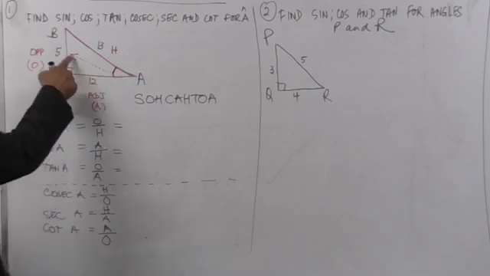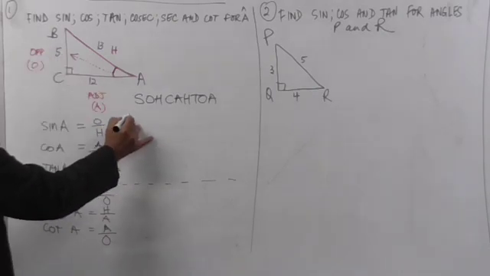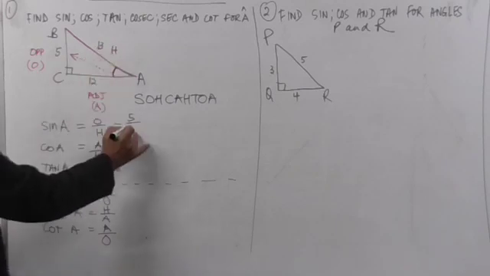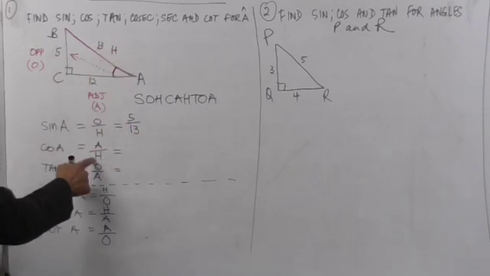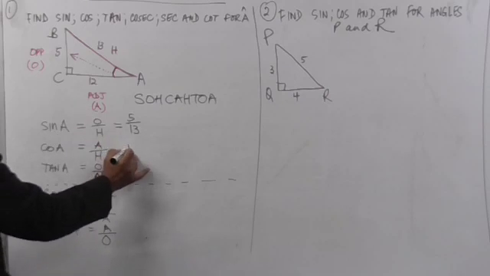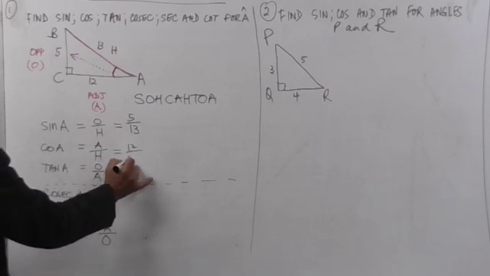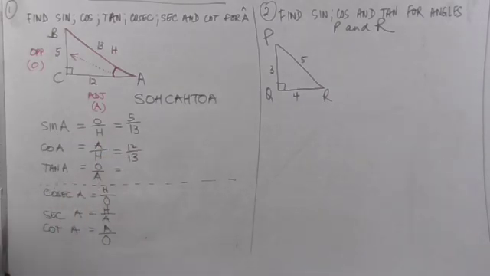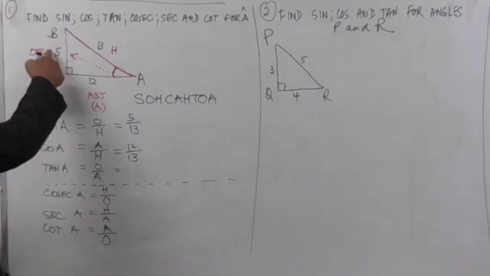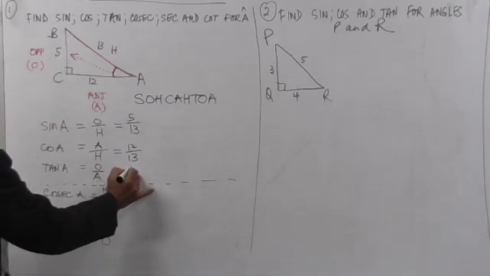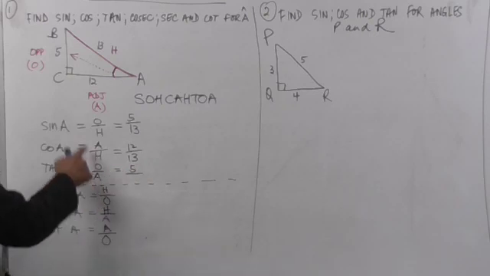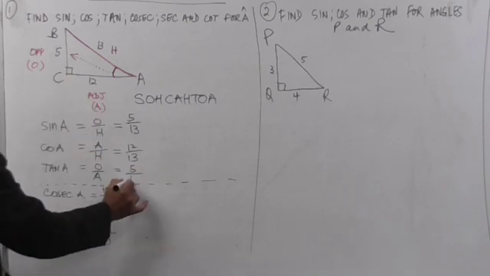O, for angle A, O is 5, H is 13. A over H, A is 12, H is 13. O over A, O is 5 over adjacent. Adjacent is 12.